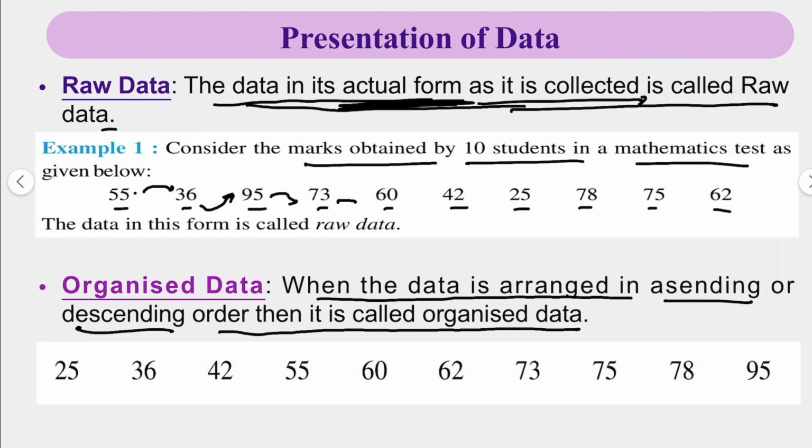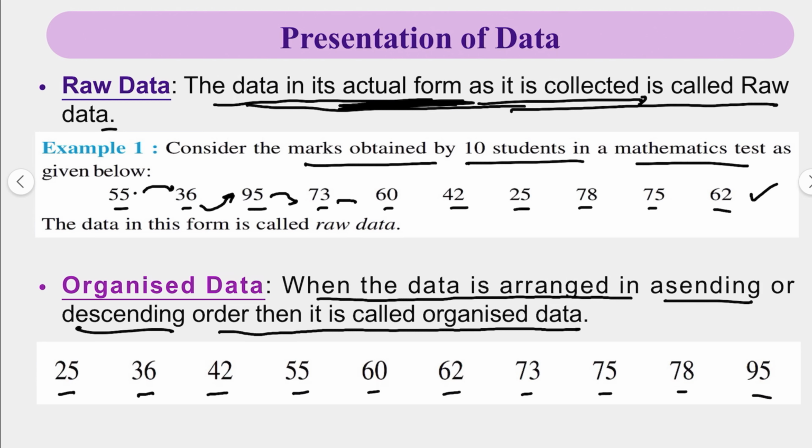Here we have arranged the same data in increasing order: the lowest mark is 25, then 36, 42, 55, 60, 62, 73, 75, 78 and 95. Now this data is referred to as organized data.